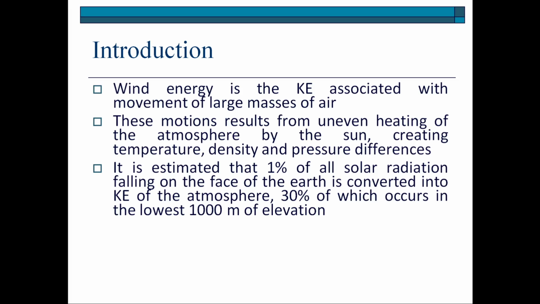So in the bottom 1 kilometer of the atmosphere, that is closer to the Earth's surface, 30% of the total converted kinetic energy exists. So out of the total solar radiation falling on the surface of the earth, 1% is converted to kinetic energy of the atmosphere, that is the movement of air, out of which 30% occurs in the lowest 1 kilometer.